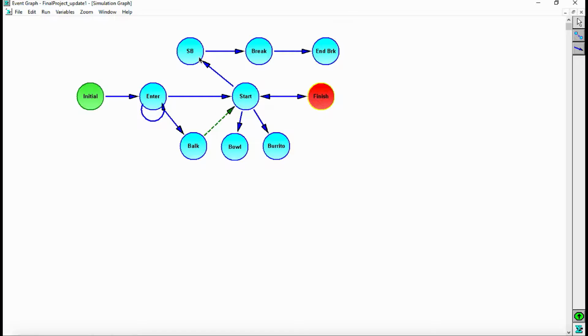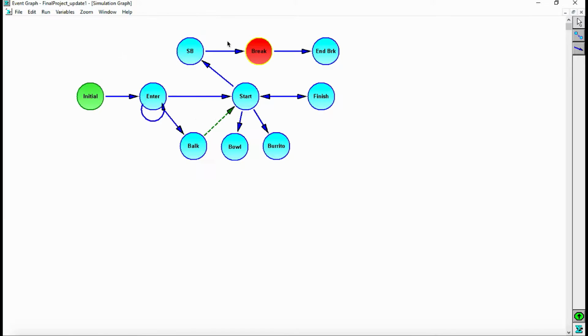Breaks could also be scheduled. A break is scheduled every 3 hours, but the only way somebody could go on break is if there is at least one person available to serve a customer. We use the indicator function to keep track of the breaks and the time delay for it.